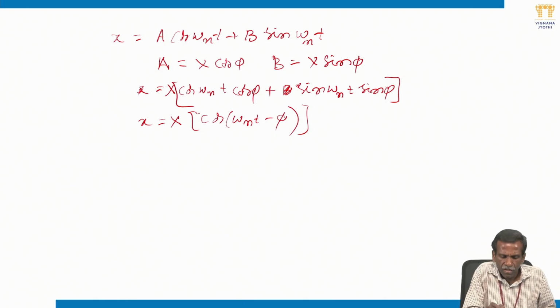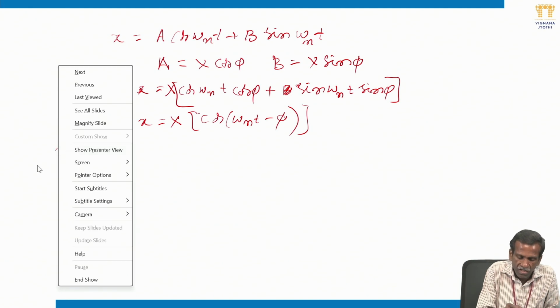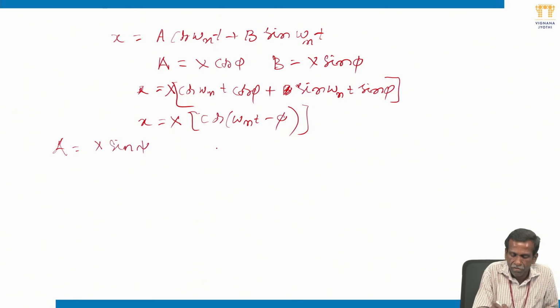Also, you can substitute the values in another way: not only x cos phi and x sin phi, but a can be taken as x sin psi, let us say, as another form, and b as x cos psi.